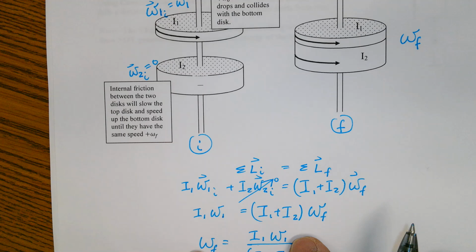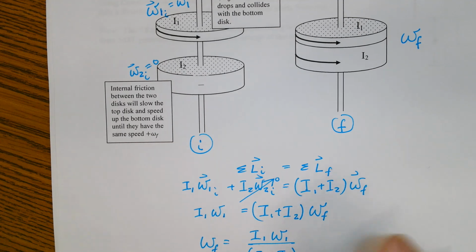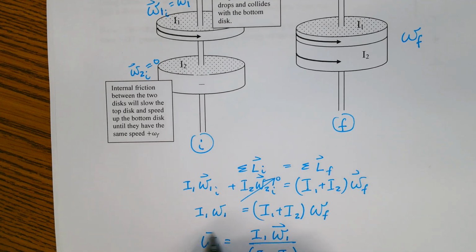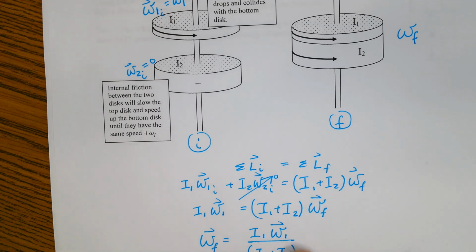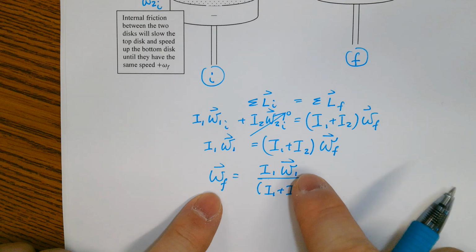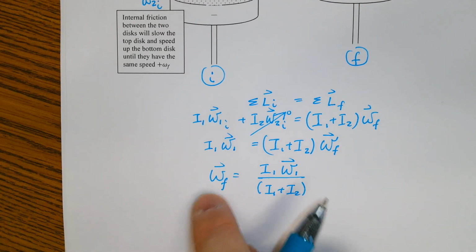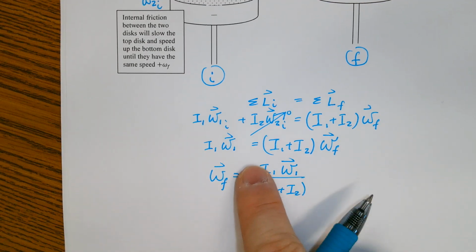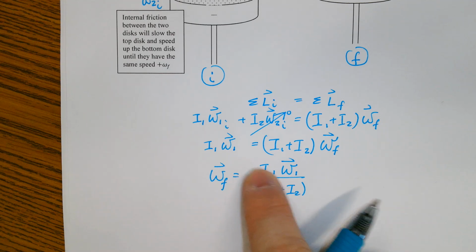Now notice the direction of my omega final. It has to be the same direction as my omega initial, okay? Because this is the only one that's indicating which way it's going to turn. All these I's are constants, okay?